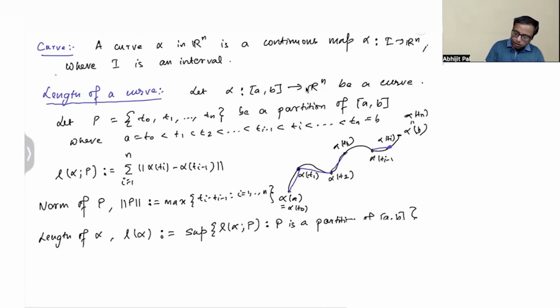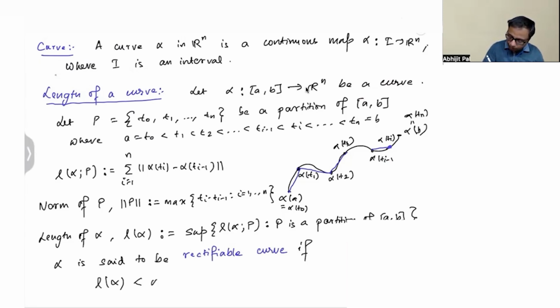Now the question arises whether this length of alpha will always be finite or infinite. Alpha is said to be a rectifiable curve if the length of alpha is finite.